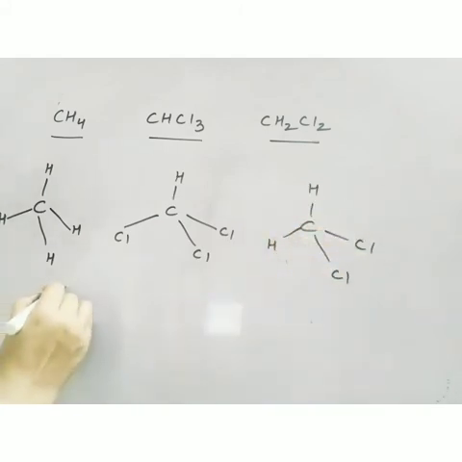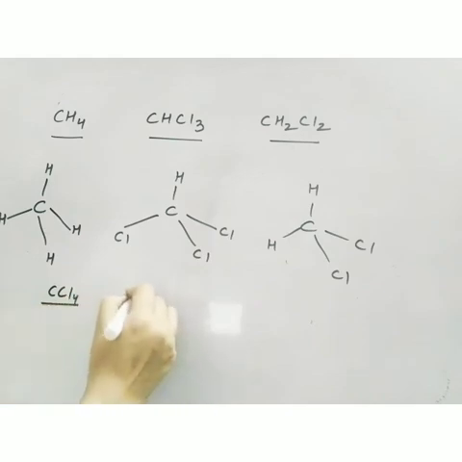One more example I can write, that is CCl4, carbon tetrachloride. Okay, this we are going to discuss in our organic chemistry topics. Okay, these are the 4 molecules and all are having tetrahedral geometry. Okay, now this is an assignment question for you. Make the vectors and try to find out which is polar and which is non-polar.